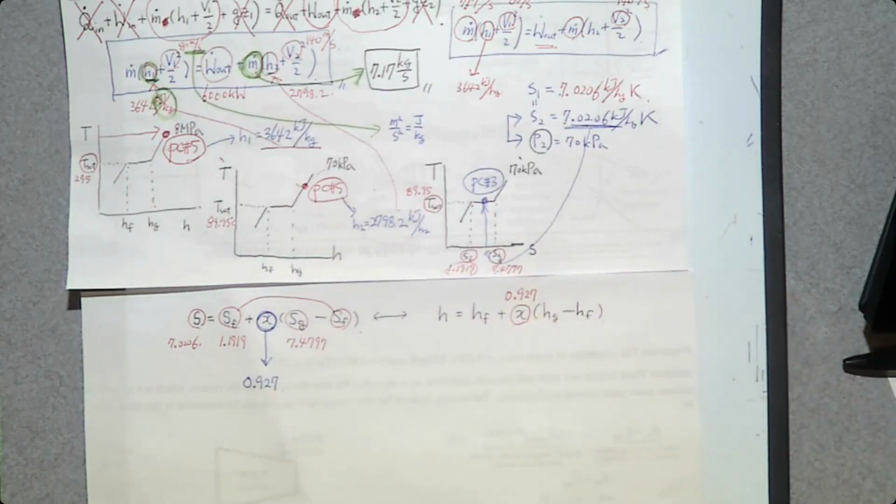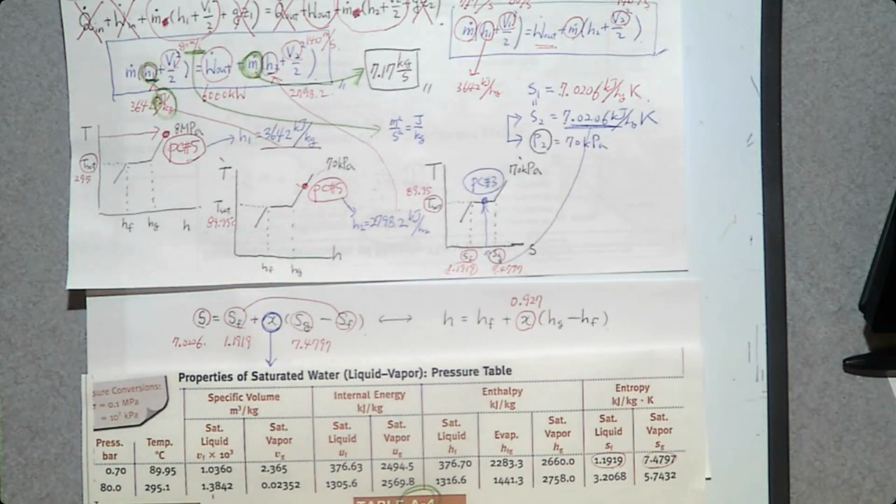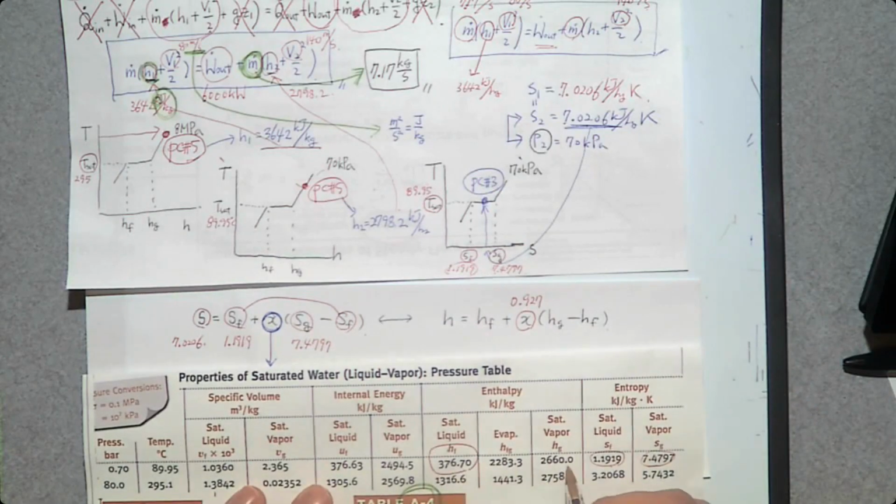So we just need to know HF and HG at what condition? At 70 kilopascal. So let's find HF and HG at 70 kilopascal. At 70 kilopascal, HF is this number, HG is this number.